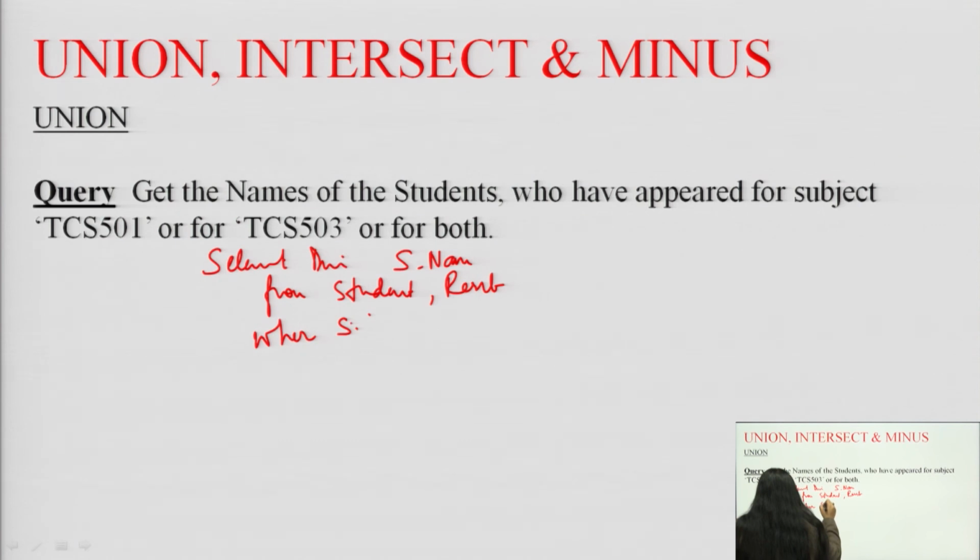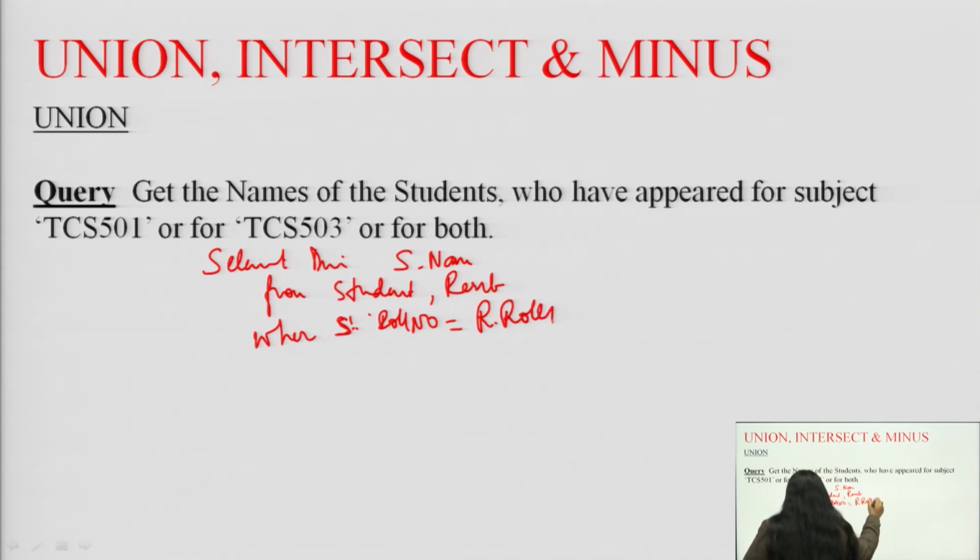student, for student I am using S right now, student dot roll number is equal to, for result I am using R right now, R dot roll number, and subject code is equal to TCS 501.